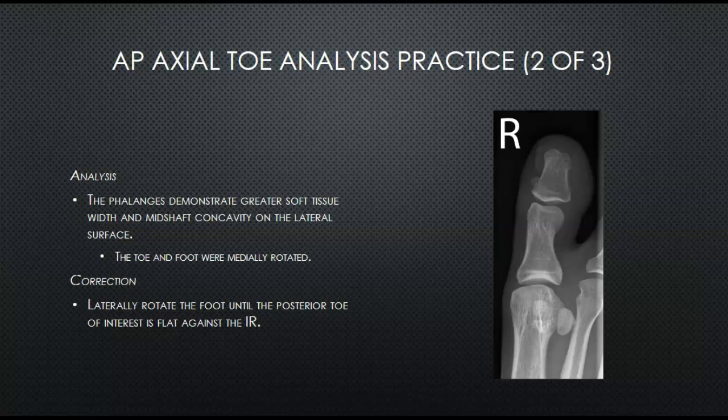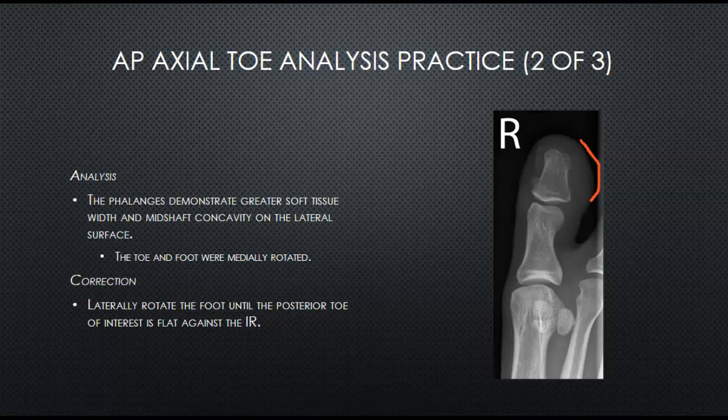In our next AP axial toe analysis, again, we want to look at the soft tissue and its symmetry. You can see that there is greater soft tissue width here on this lateral side, and there's mid-shaft concavity over here.